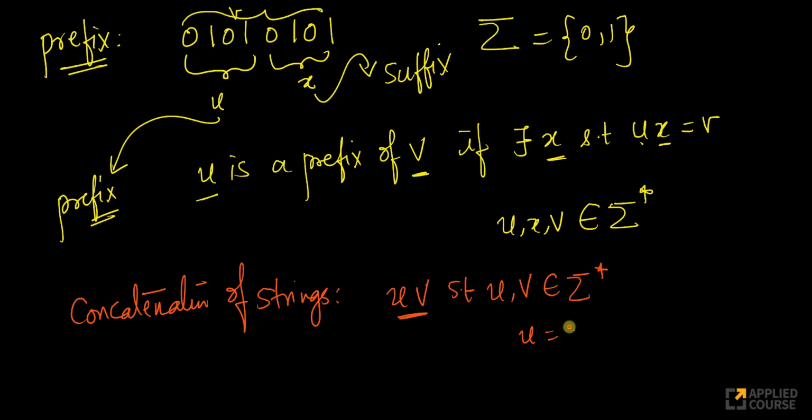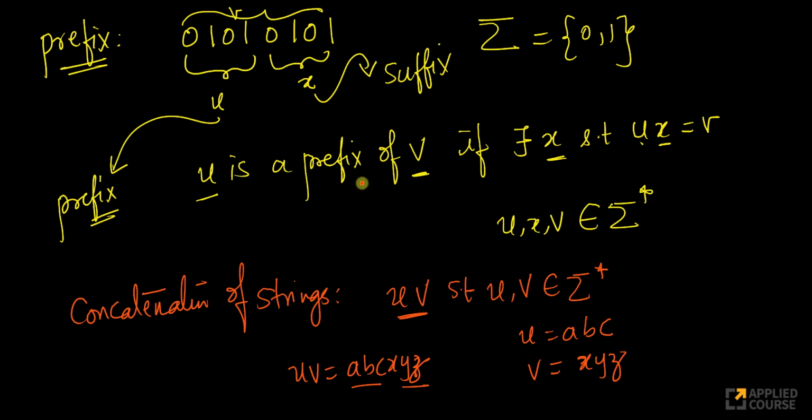So for example, if U equals abc and V equals xyz, then UV is abcxyz. You're concatenating these two sequences to create a new sequence. That's what is called concatenation of strings.